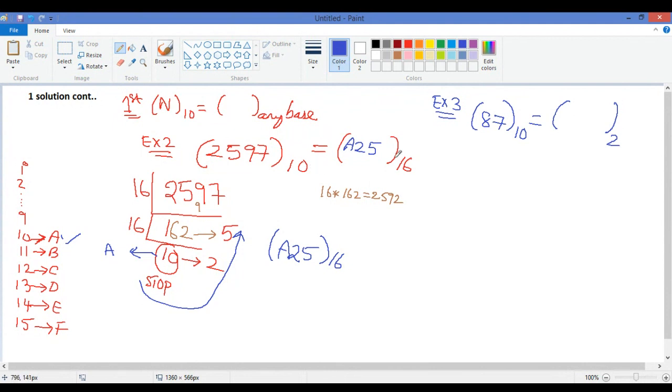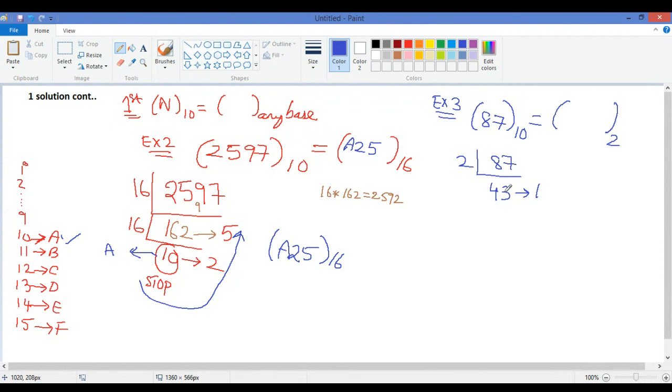Now, how do you convert this base? It's very simple. The number is 87, and you want to convert into base 2, so divide it by 2. 2 twos are 4, 2 fours are 8, and 2 threes are 6. So you get 1 as remainder.